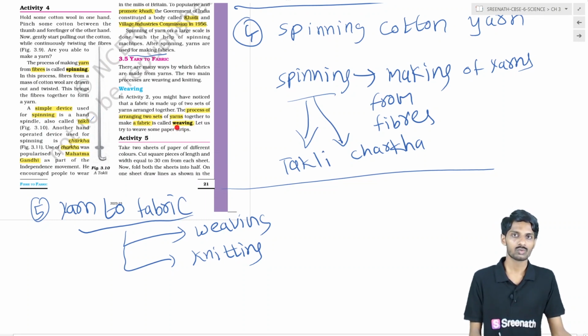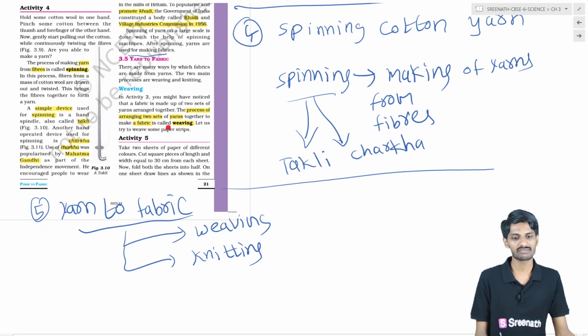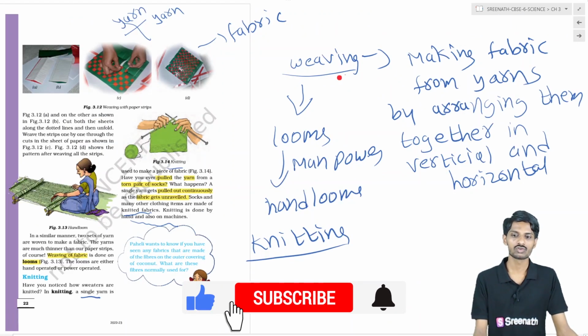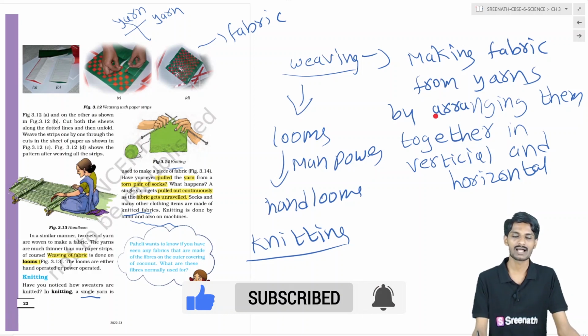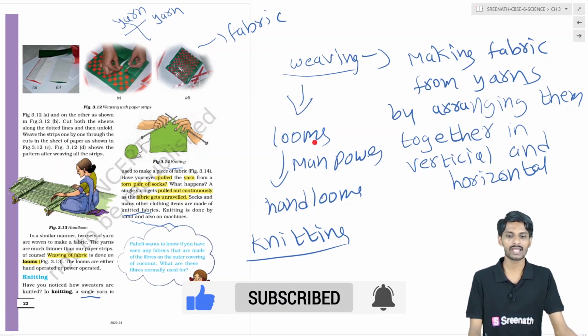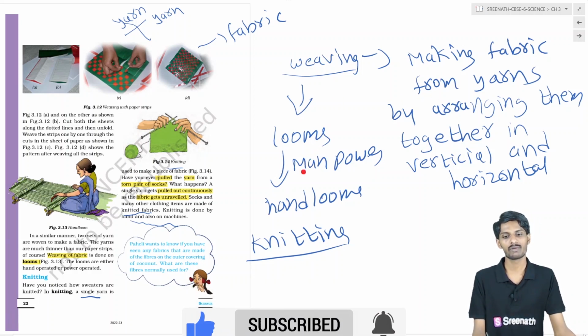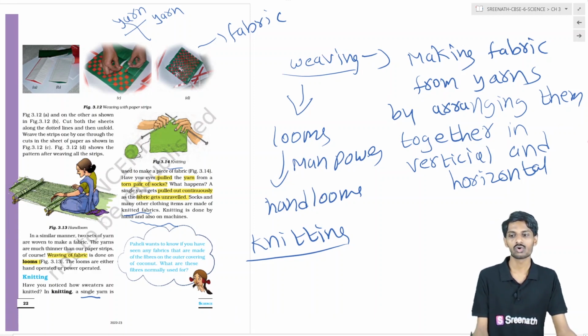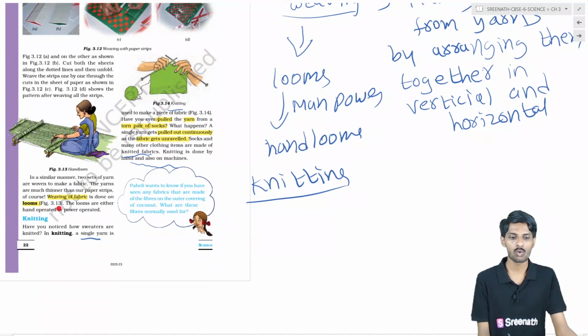Weaving is done by looms. When these looms are worked by manpower, we call them handlooms. In the process of knitting, only a single yarn is used to make cloth. When you pull that yarn, the whole fabric will unravel.